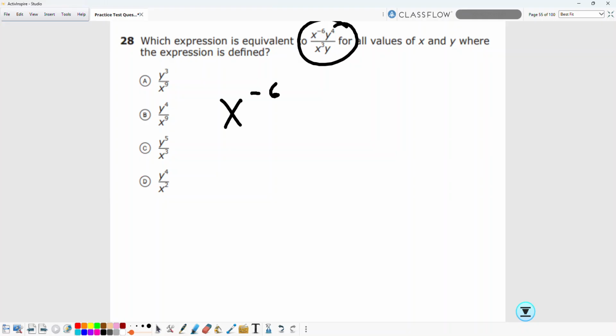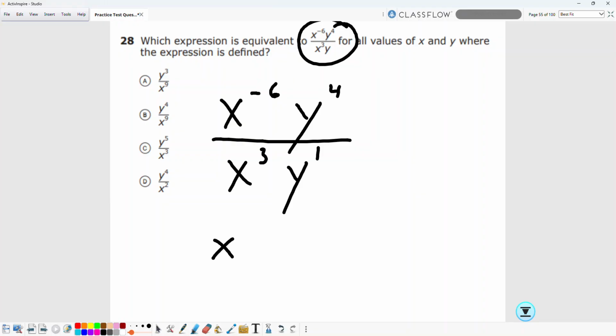X to the negative 6, y to the fourth over x to the third, y to the 1. A way of thinking about this is you can separate the x and the y. That's still going to multiply with y to the fourth, y to the 1.